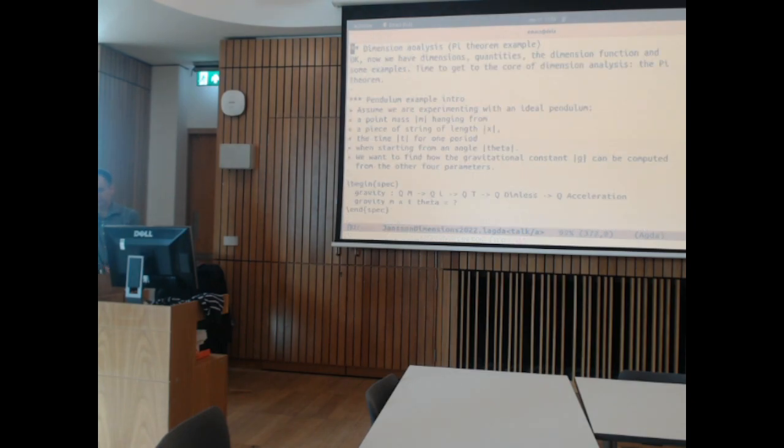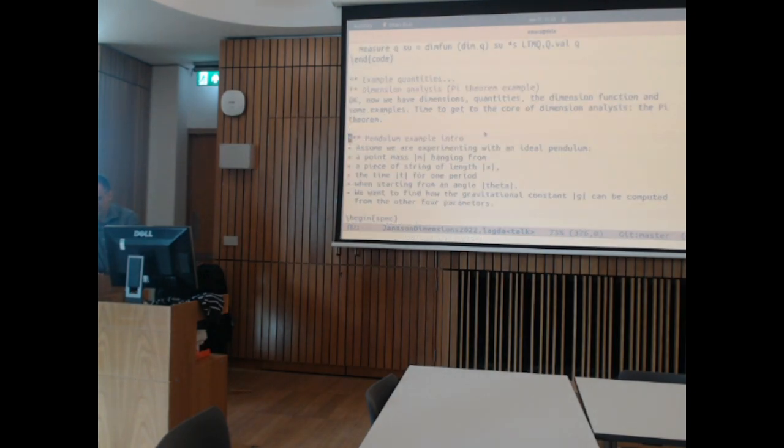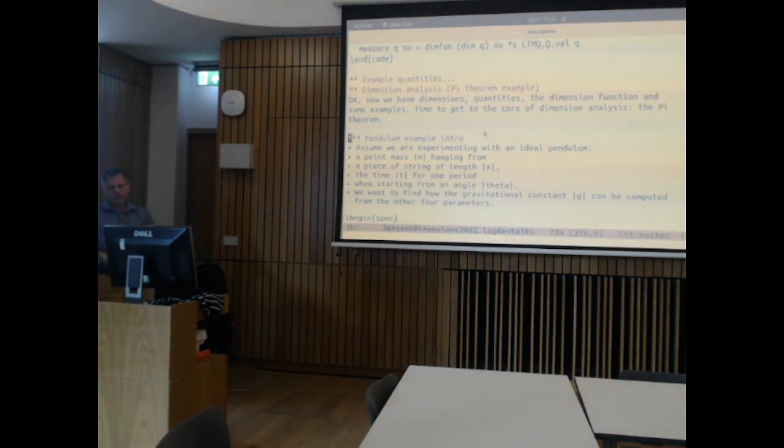Dimension analysis, yes. So now we get to the more interesting part. Maybe I should go back to the other file, because when it's more text, that's at least better. So assume you have an ideal point mass hanging from a piece of string of length x, it has a time period t, and you wake up in this closed room, you have no memory of anything, and you want to figure out if you're on Earth or in a spaceship accelerating some other way. So you take a piece of string and try to measure out what the gravity is.